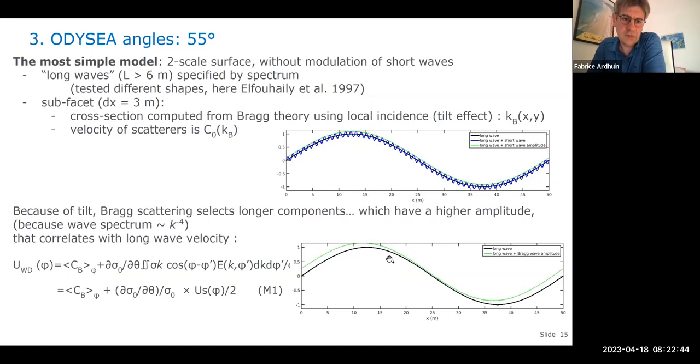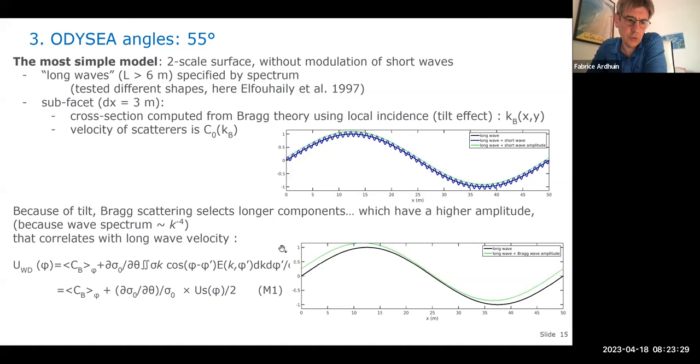And the main reason is that the local incidence angle, taking into account the long wave slope, is going to be different, and so the sin theta you get in the lambda in the Bragg resonant condition will actually select waves that are longer when the local incidence angle is larger and shorter in the other way. And because longer waves have a larger energy because of the shape of the wave spectrum, typically k⁻⁴, that will actually contribute a very different magnitude of the Bragg waves amplitude along the long wave profile.